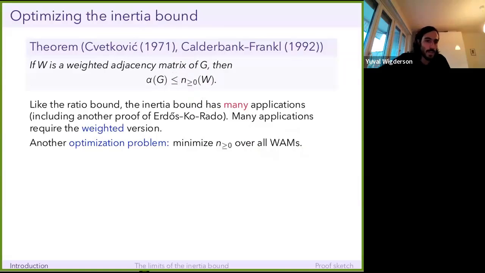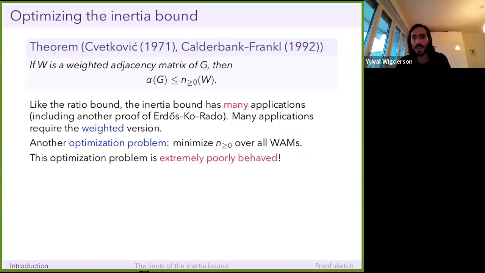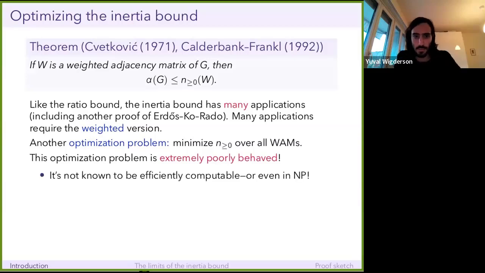And maybe surprisingly, maybe not surprisingly, this is a much worse behaved optimization problem than we had before. So for example, I told you that the ratio bound is efficiently computable. I don't know that this one is efficiently computable. In fact, I don't even know whether it's in NP, figuring out what the optimal bound you can get from this is.